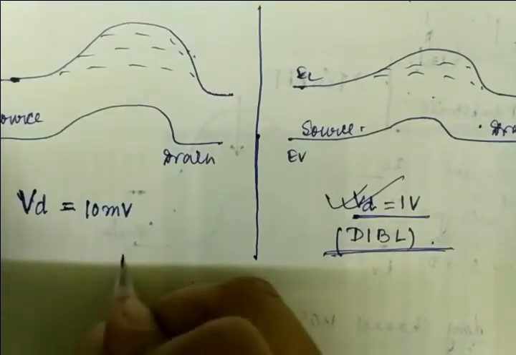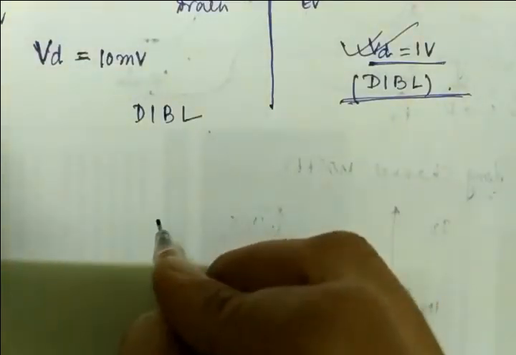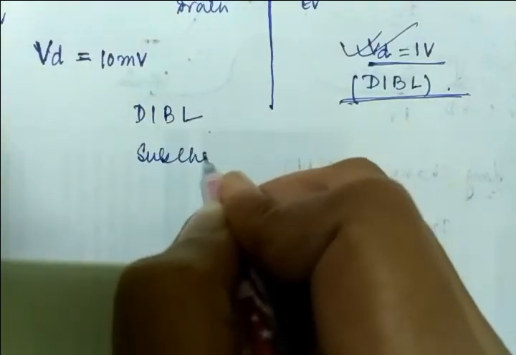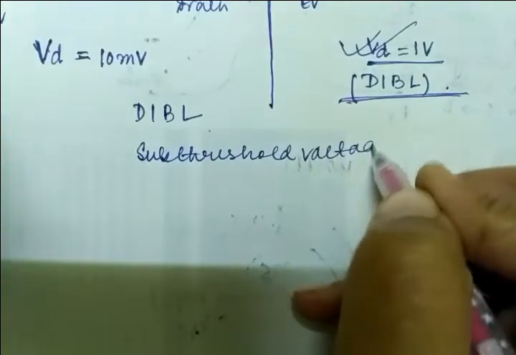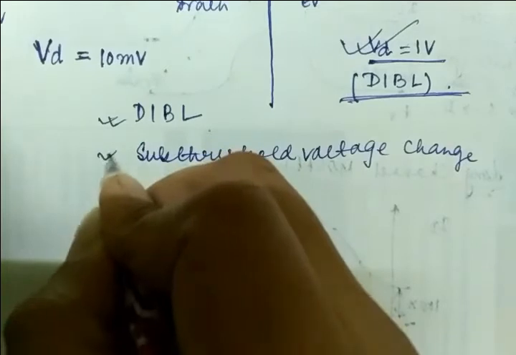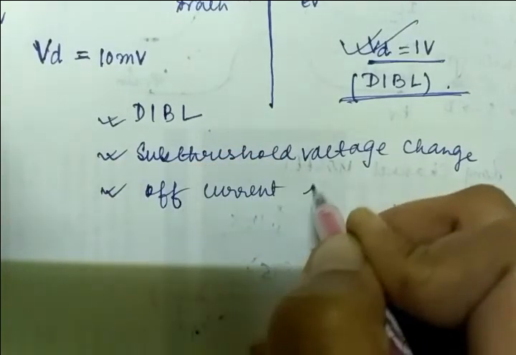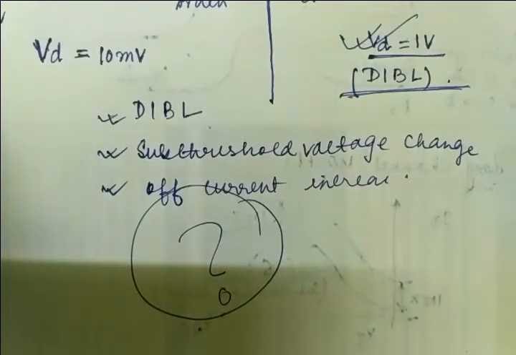The first drawback is DIBL, the second drawback is that the subthreshold voltage changes, and the third one is that the off current increases. So what is my possible option to get rid of everything?